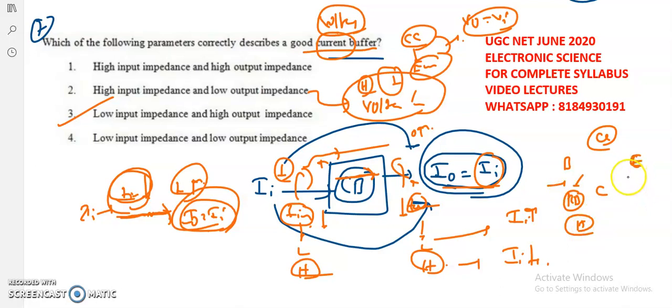The emitter junction is forward biased, and the emitter is at the output side, so for the forward biasing case we get low output impedance. That means high to low. So high input impedance to low output impedance has to be satisfied for a good voltage buffer, and the opposite case has to be satisfied for a good current buffer.